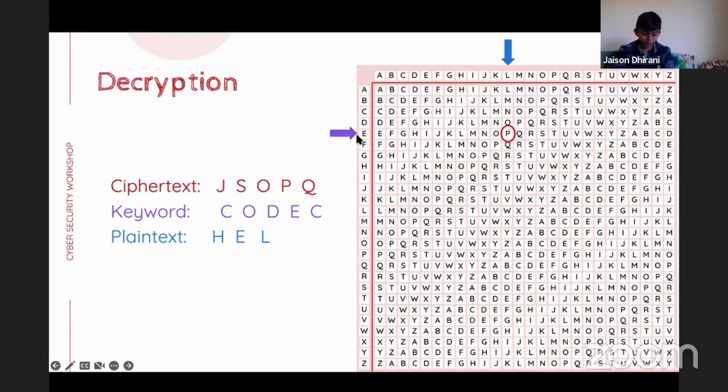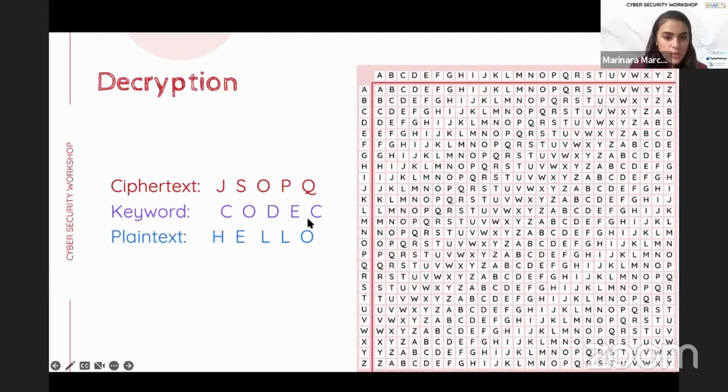So you go down to the keyword letter E, and then you go across to P, and then you go up to that column, and it's an L. L again. Excellent.